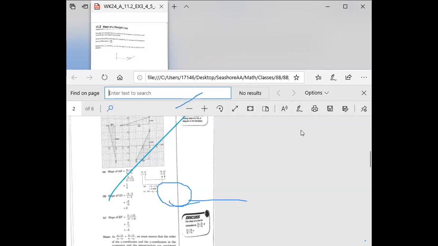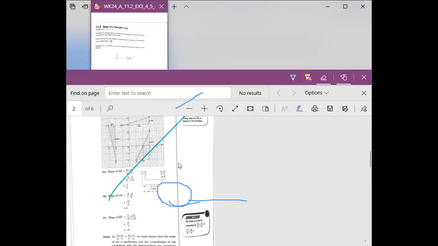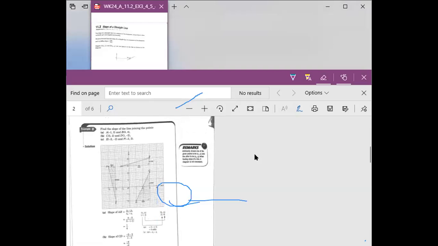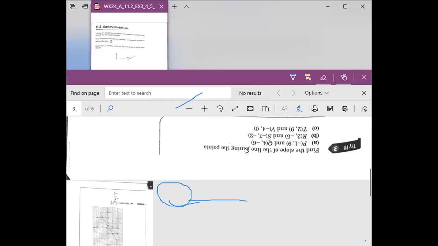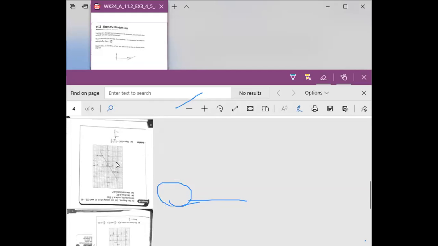I try to erase the mark. Okay, I got it. Okay, can you see?